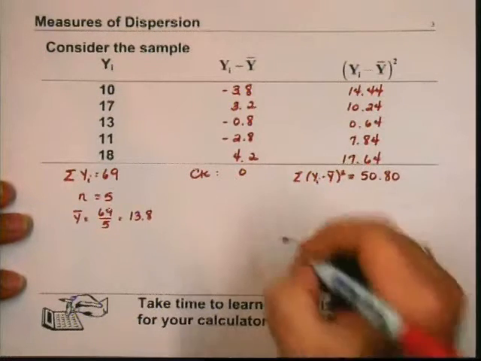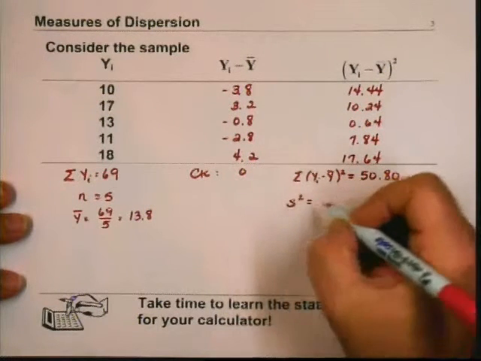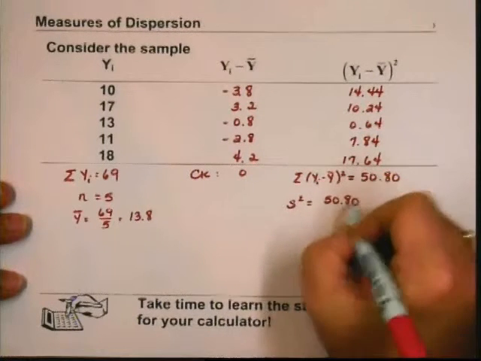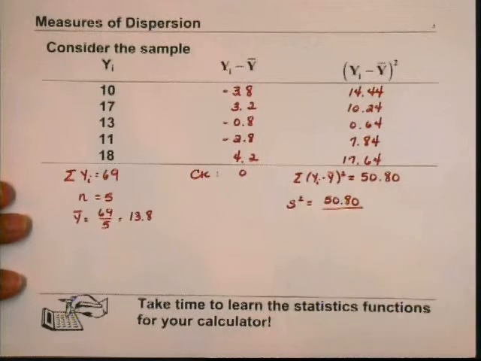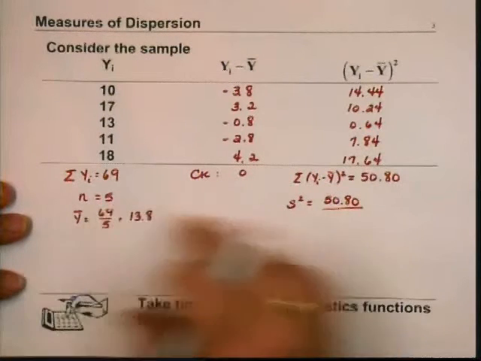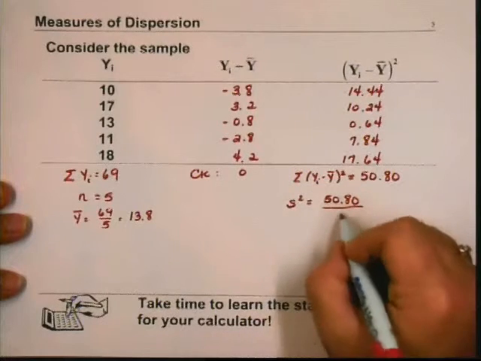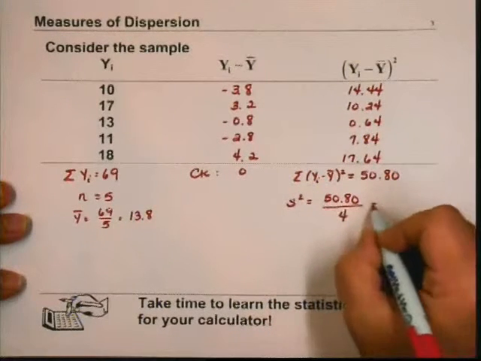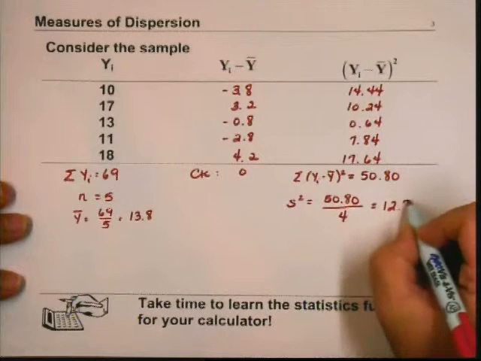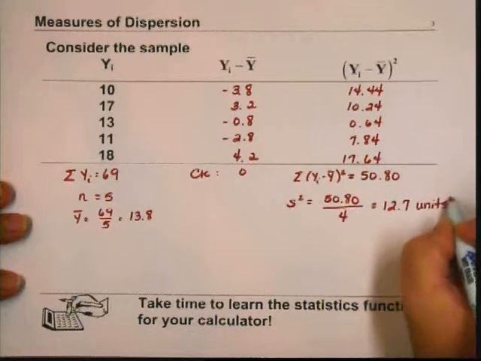All right, so if I want to compute the sample variance, I would have 50.8 divided by what? Sample size is 5. It's sample variance, so I'm dividing by 4, sample size minus 1. So my sample variance is 12.7 squared units. I don't know what the units were here.